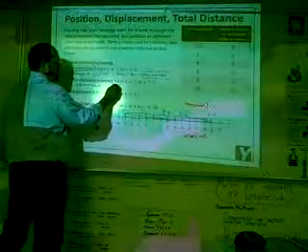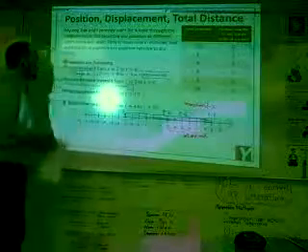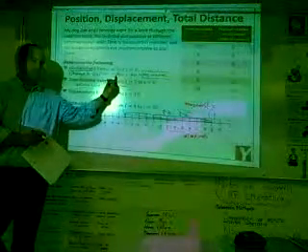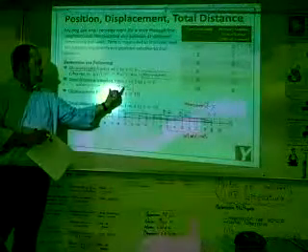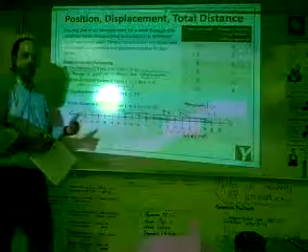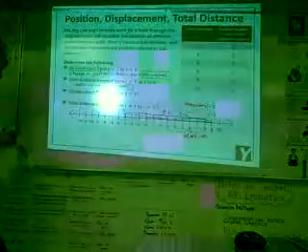I went a total distance of 1,000 meters. Displacement just wants to know what's the difference between when I started and when I ended. Total distance traveled, I actually want to know physically how far I have walked, taking into account positive movement as well as negative movement. And we'll see how that impacts our graphs.